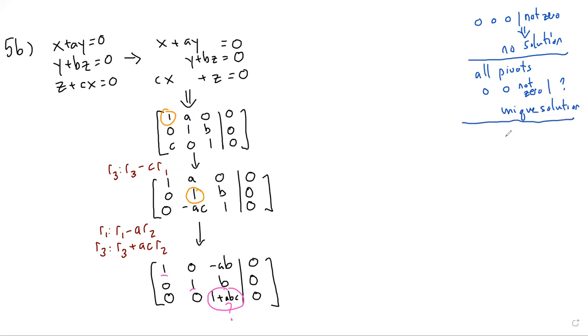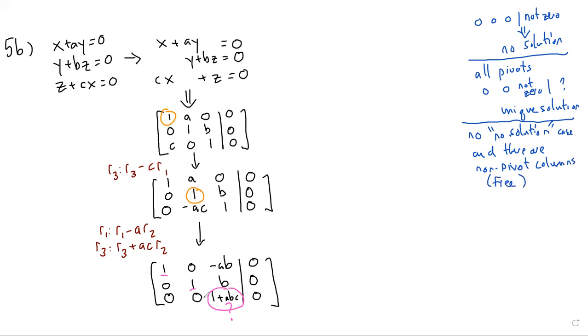And the third case is the no solution case, so as above, and there are non-pivot columns. So free.